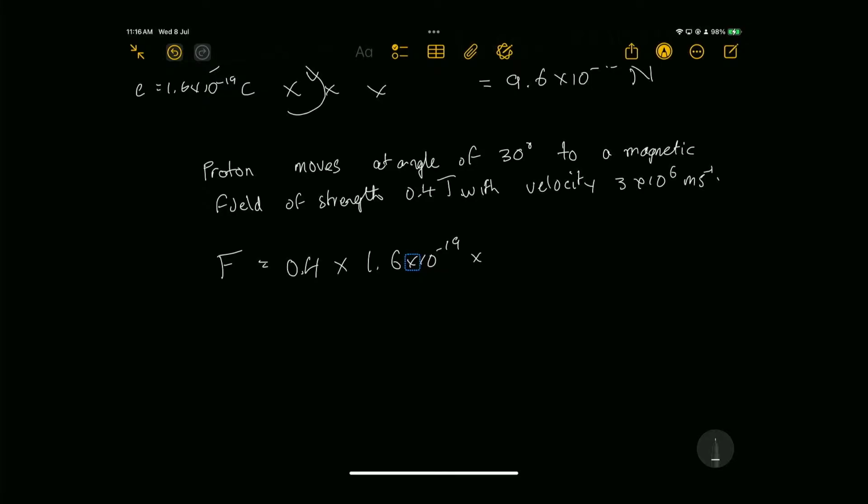And then multiplied by the speed, 3 by 10 to the 6, multiplied by sine theta.